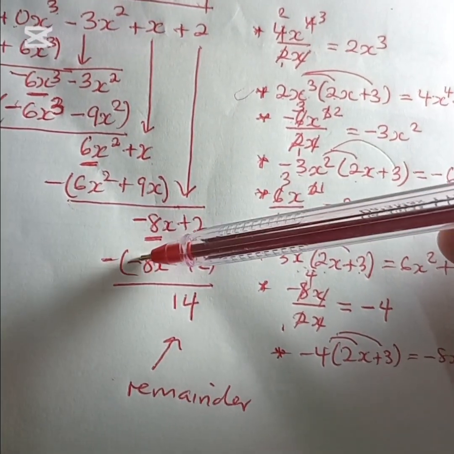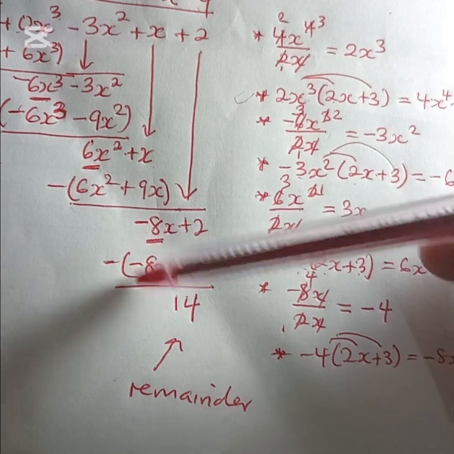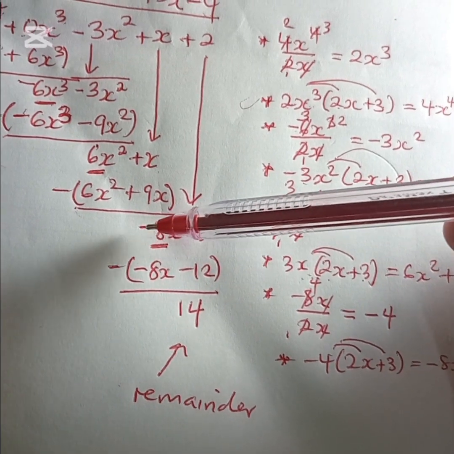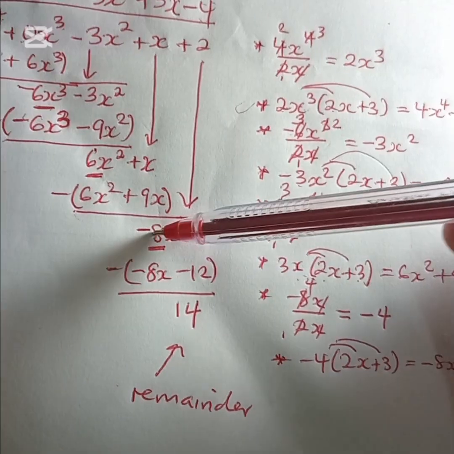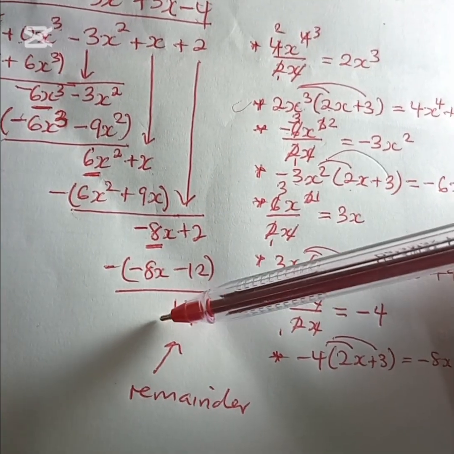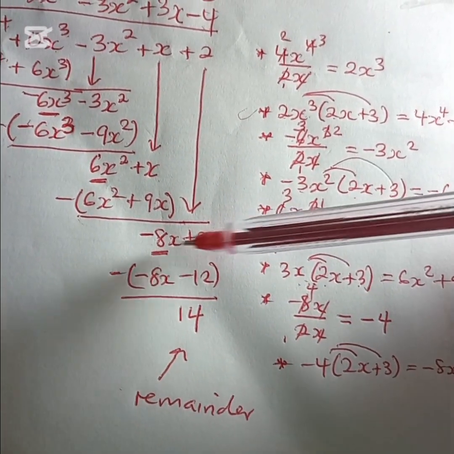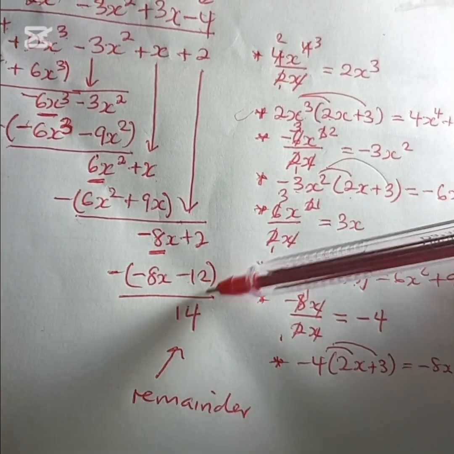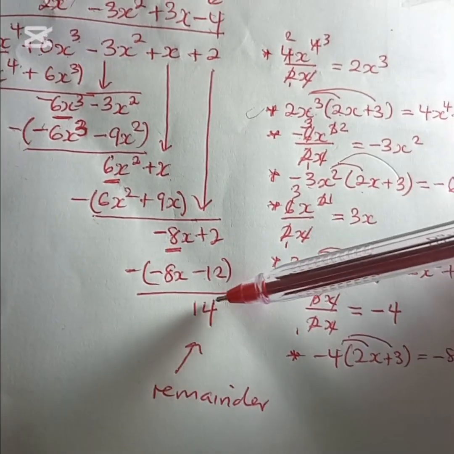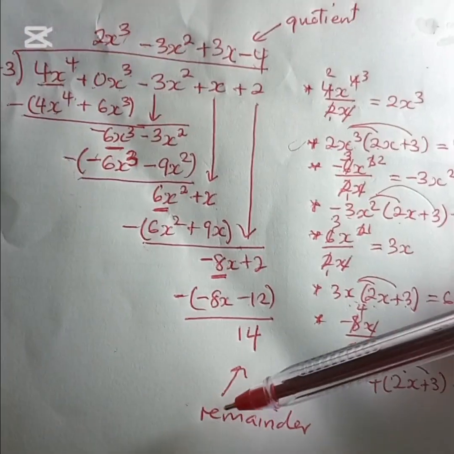So we write it down here. And again we subtract. Negative subtract negative is negative plus positive, and negative 8 plus positive 8 is 0. And 2 minus negative 12 is like 2 plus positive 12, which is 14. And so 14 is our remainder.